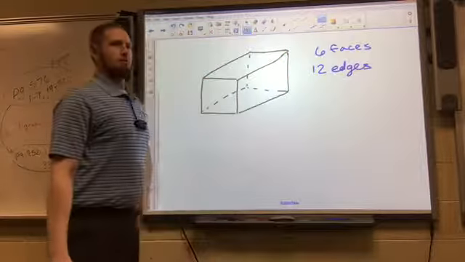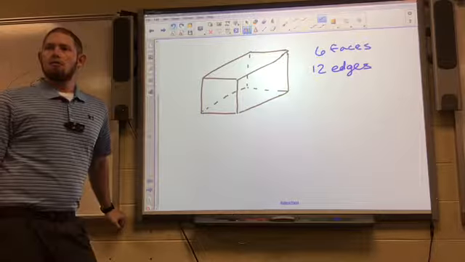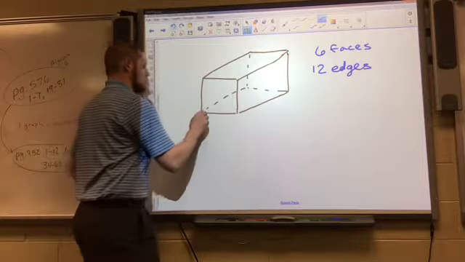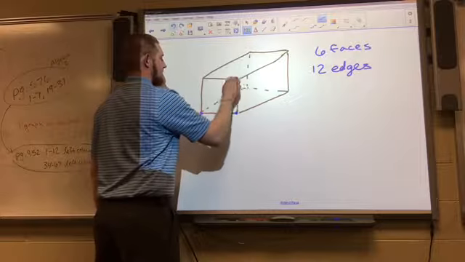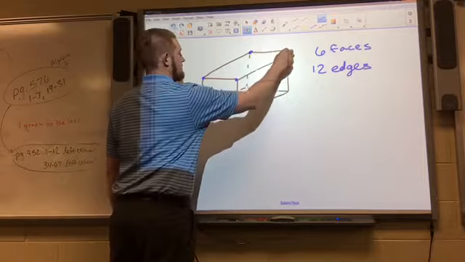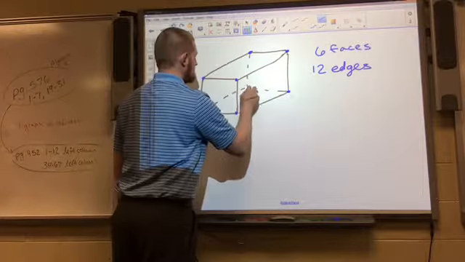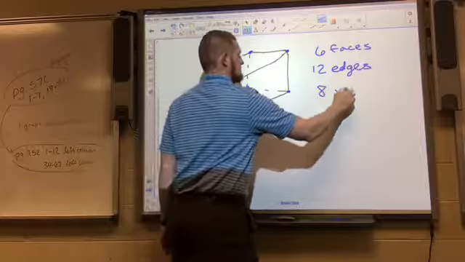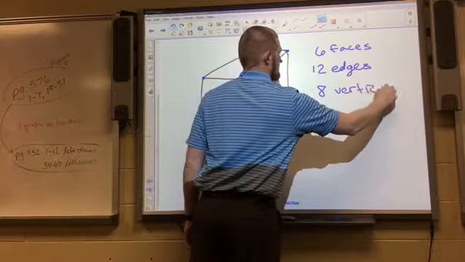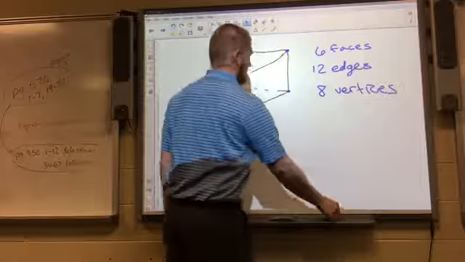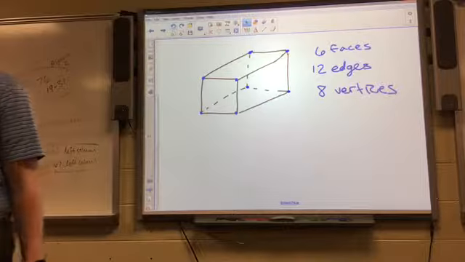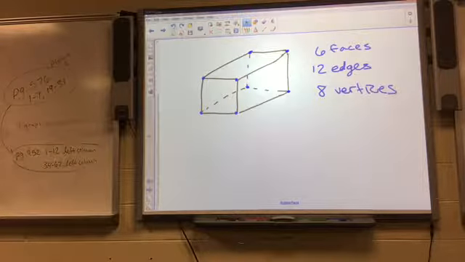And what is a vertex? Yeah, good. The points, right? How many vertices do I have? I have 8. We could count those, right? I'm just making sure you know what they are. As long as we understand what a face is, what an edge is, and what a vertex is, you should be able to count those up.